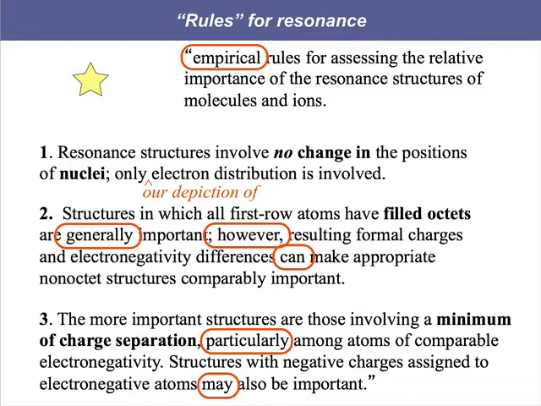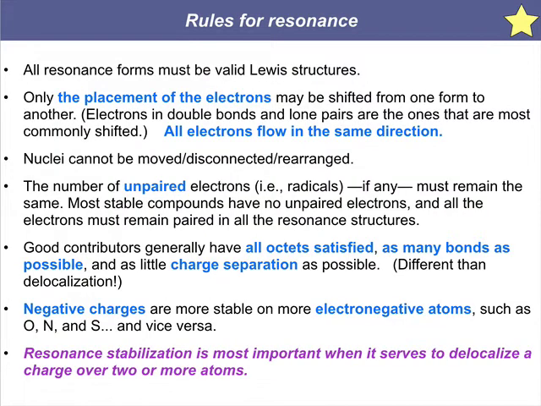They were maybe guidelines at best. A lot of hand-wavy terms here that leave a lot of room for exceptions. Your book, Wade, has some better rules. They're still a little bit hand-wavy, but they are better than that other source.